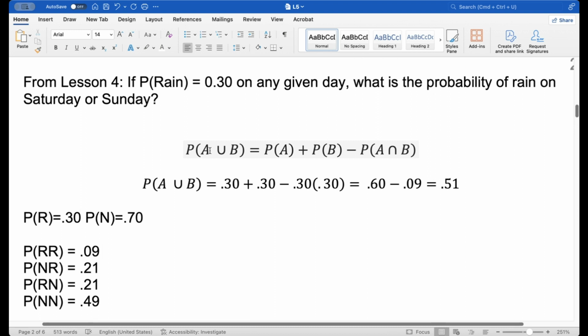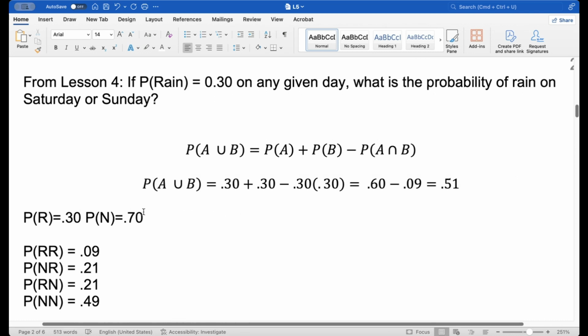So it's the probability of rain Saturday plus probability rain Sunday minus the overlap because we're double counting. So probability for Saturday is 30%, 0.30, Sunday's 30%. For the probability of both, we multiply those together, 0.09. 0.60 minus 0.09 is 0.51.